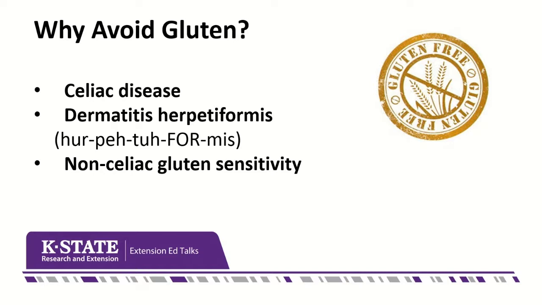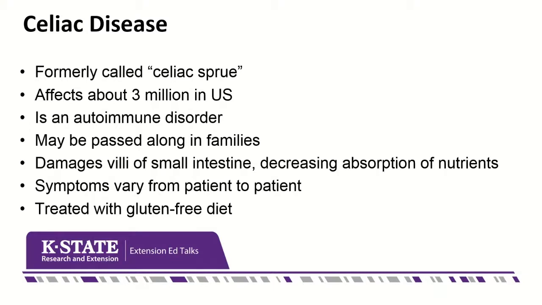So, why would individuals need to avoid gluten? There are 3 conditions out there that would make an individual want to avoid gluten in their diets. There's celiac disease, dermatitis herpetiformis, and non-celiac gluten sensitivity. So today we're going to discuss these all separately. Celiac disease is formally called celiac sprue, and it affects 1% of the United States population, which is about 3 million people.